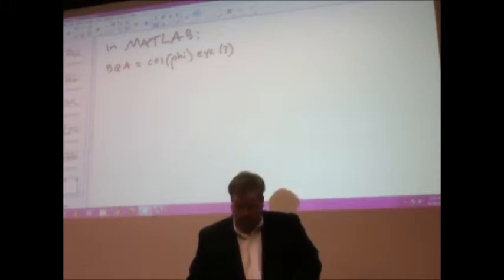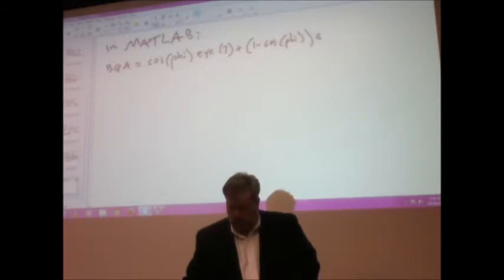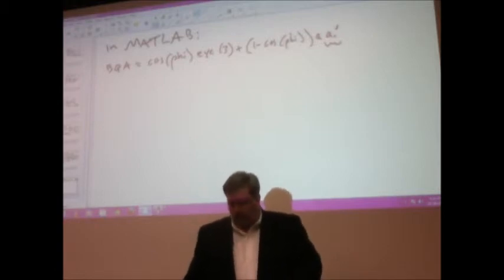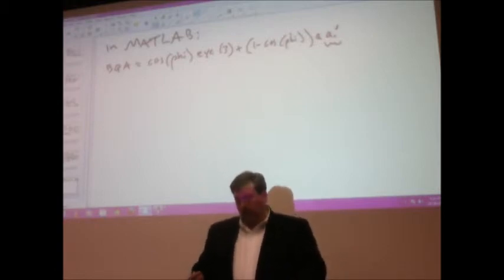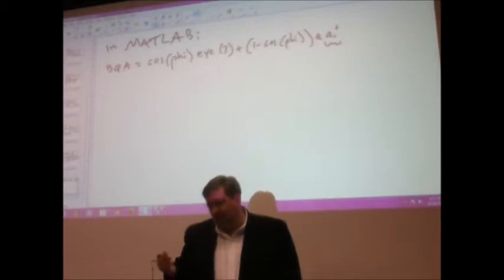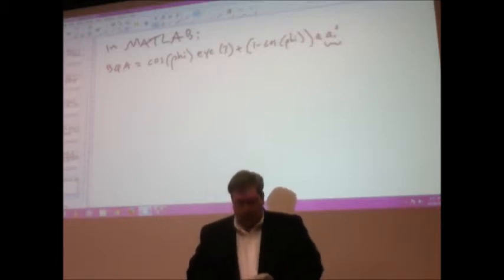Plus 1 minus cosine of phi times A dot apostrophe. We could also write transpose of A, but this is the way to transpose the matrix. It is literally a transpose. You could also just use the apostrophe, but that gives the Hermitian, which is sort of the complex conjugate transpose, and that's not exactly what you want in general, so just for precision, we'll use this.